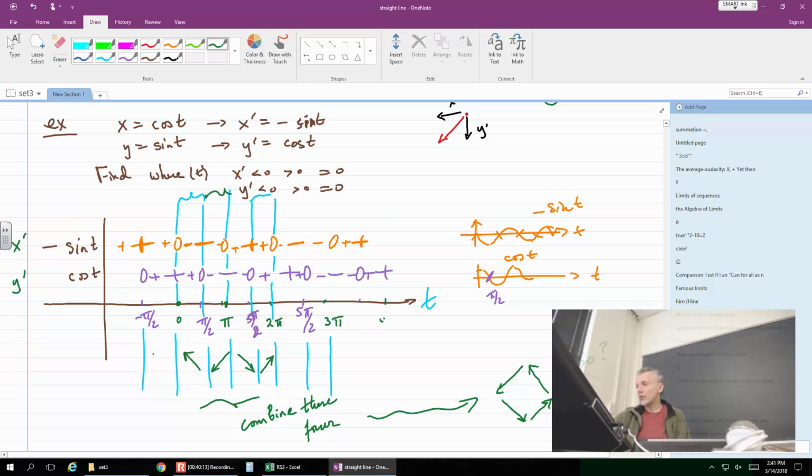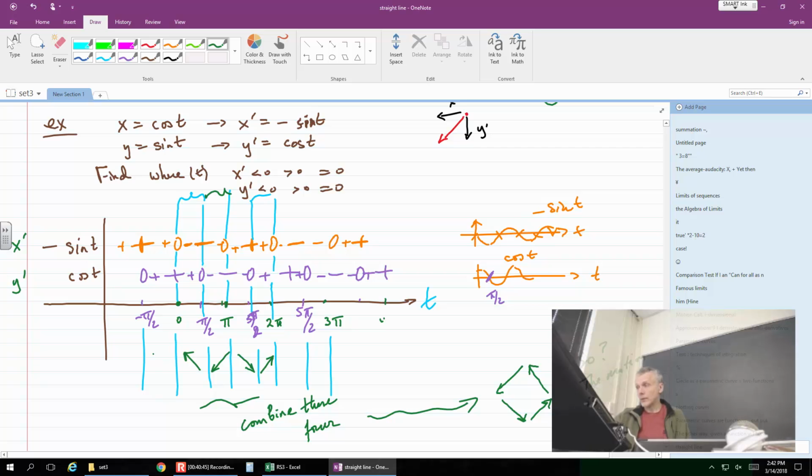What kind of motion is this? How would you describe it based on that picture? They only tell the direction that it's moving in. Right. But if you want to describe the whole motion between 0 and 2 pi, what has happened?